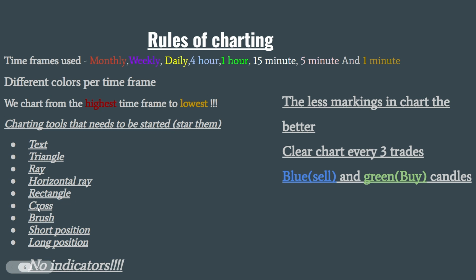I use the cross because I find it hard switching between, let's just say I'm drawing with the brush, to get the crosshair. Then there is the brush, for you to label things. The short position, which helps you determine how much you're risking. The long position, which helps you also determine how much you're risking per trade.